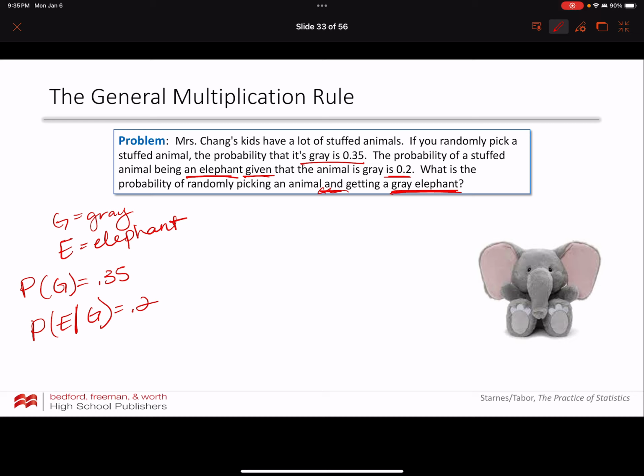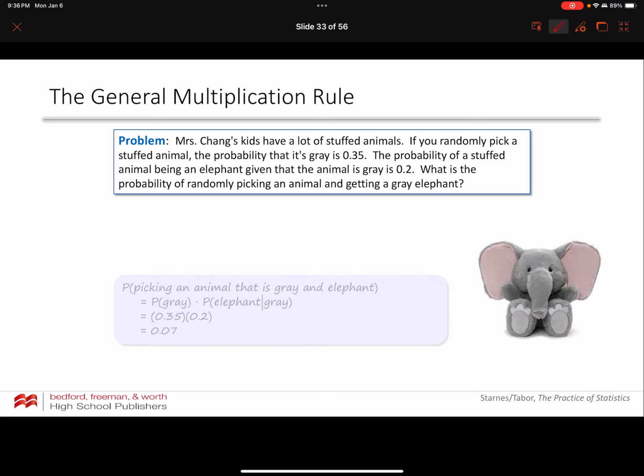So now it's saying what's the probability of randomly picking an animal and getting a gray elephant? That's the intersection of G and E. So I want the probability of G and E. So I can multiply that 0.35 times that 0.2. And I get 0.07.